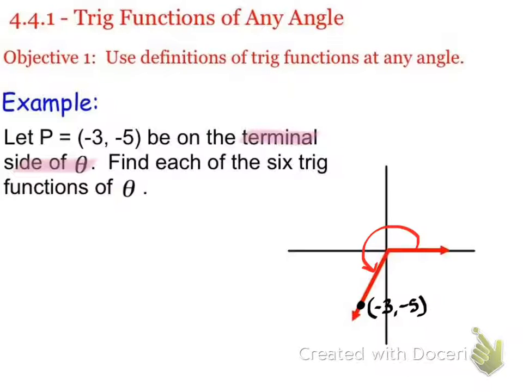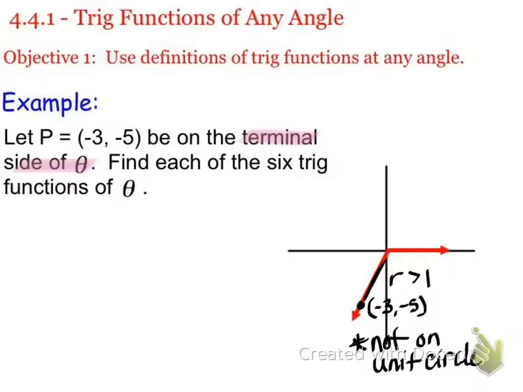Now, in order to use one of my definitions that I already have, I need to notice first that this is not a unit circle, and also that this is a rather large angle. It's larger than 180 degrees, so my right triangle trig definitions will also not work. This reference triangle, this blue triangle here, will help me, and I know the side lengths are 3 and 5.